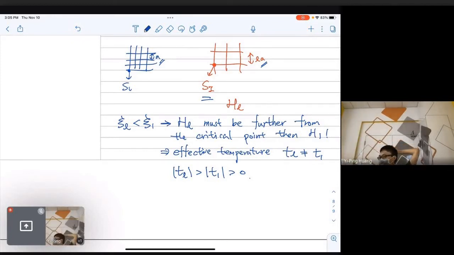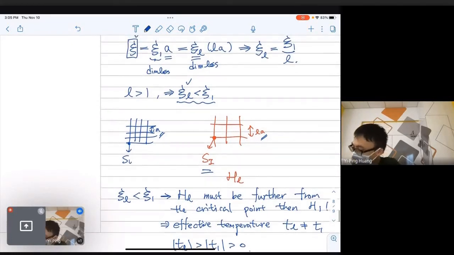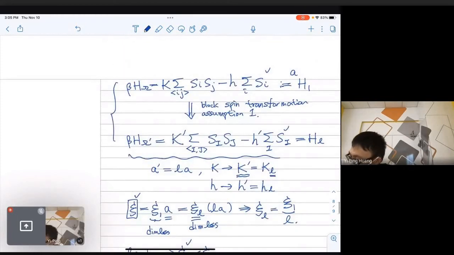Okay. So I think that makes sense, but I'll just put it right here and let you try to think about what we are doing. Because the idea is that first, assumption one tells us that before you do the coarse-graining and after the coarse-graining, basically the Hamiltonian looks the same.